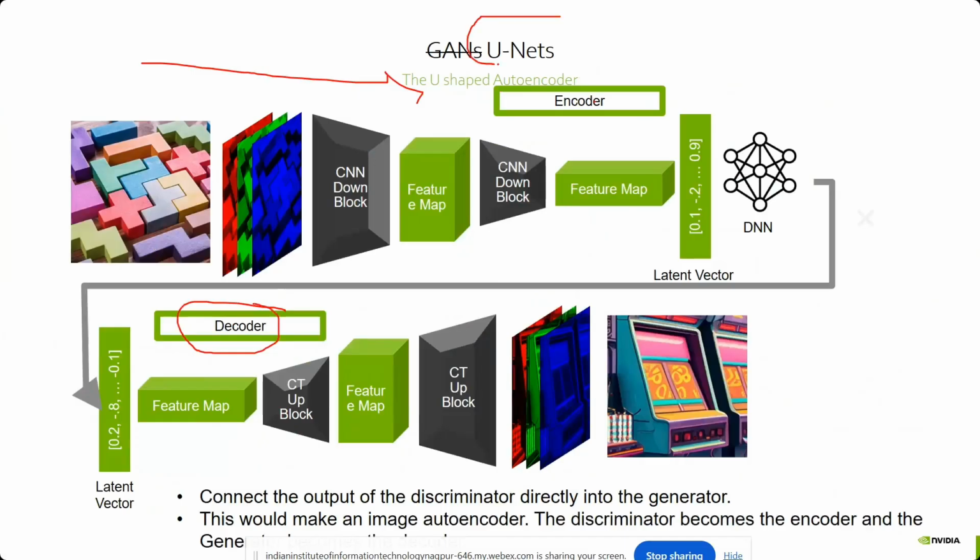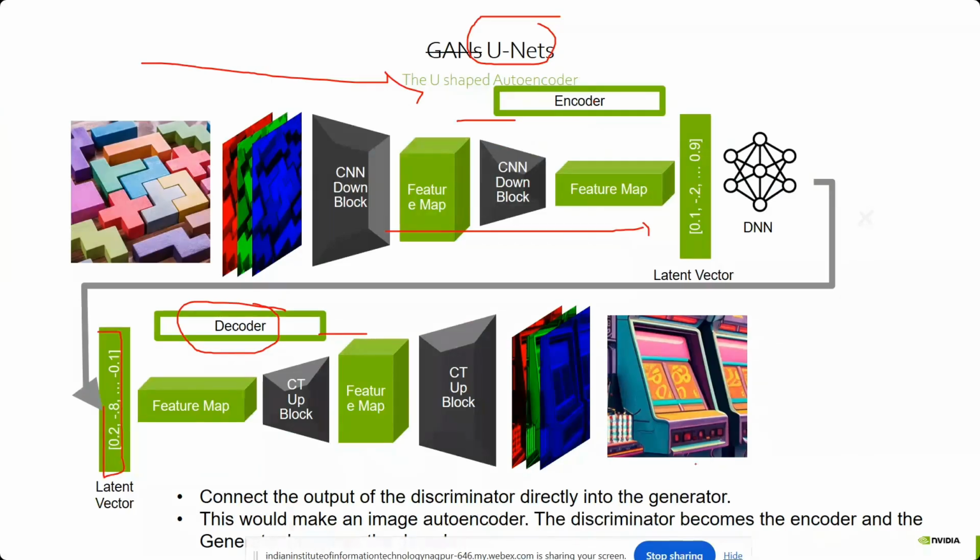So again, UNet has two architectures: one is an encoder architecture, another one is a decoder architecture. So what will the encoder do? It will extract the features from the data and convert that data into a latent vector. And again, I will take that latent vector and try to reconstruct the images.